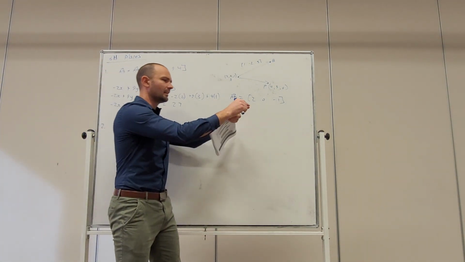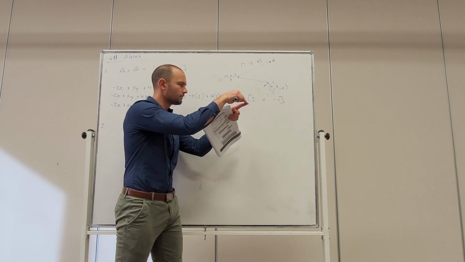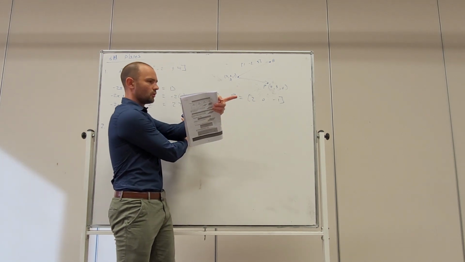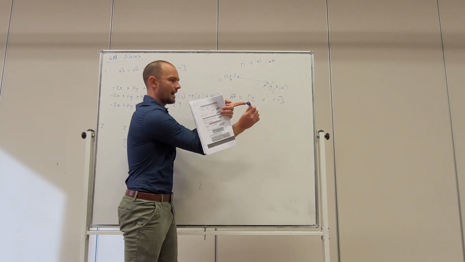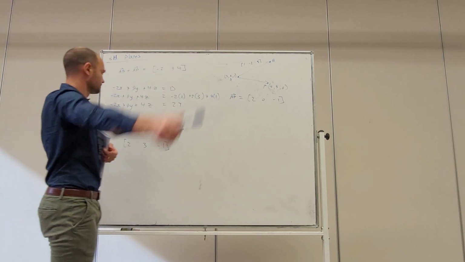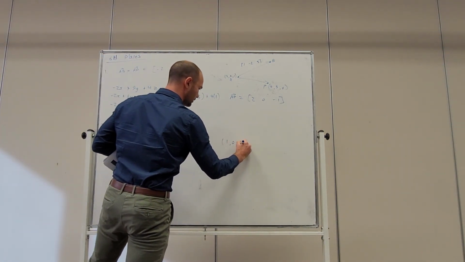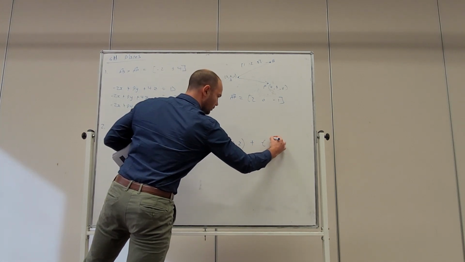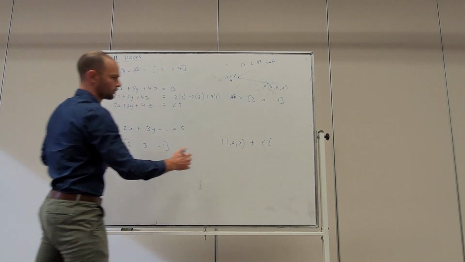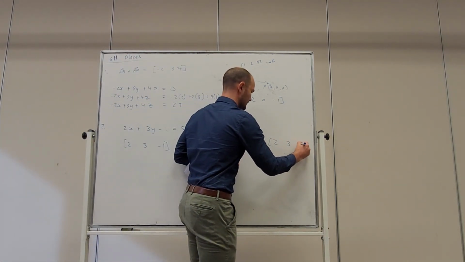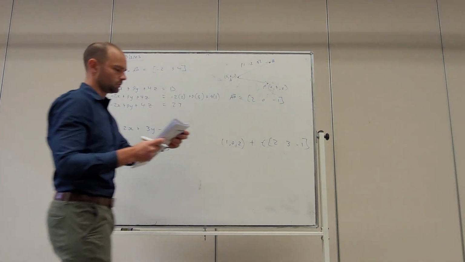Let's imagine it's right here. I'm pointing at it. You can see it. And so that means it's not this normal. It's going to be here, such that that normal passes through that point. So all we have is 1, 0, 2 as the coordinate, plus some parameter multiplied by the direction, 2, 3, minus 1. That's going to be our answer for question 2.